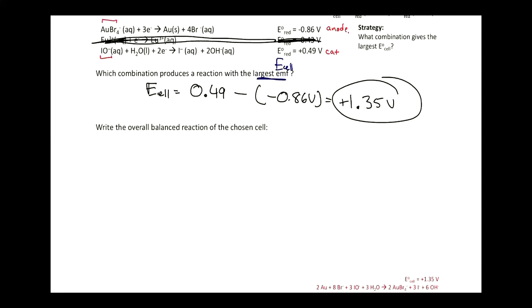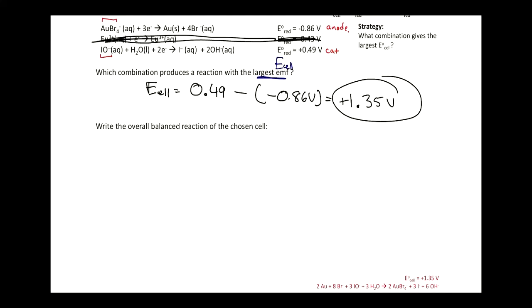Our cathode is where reduction happens, but our anode is where oxidation happens. This reaction written right here is not oxidation, it is reduction. So we have to flip this reaction before we add them up to give the overall balanced equation. The cathode reaction we can write as is, because it's already in the reduction form.